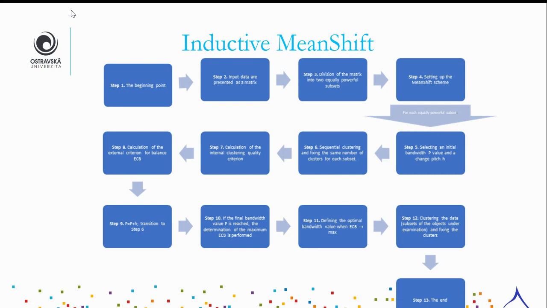And later we keep on working with these two subsets. We should also select an initial bandwidth P and a change pitch H. So we will keep on working with these parameters in order to improve the performance of our algorithm.